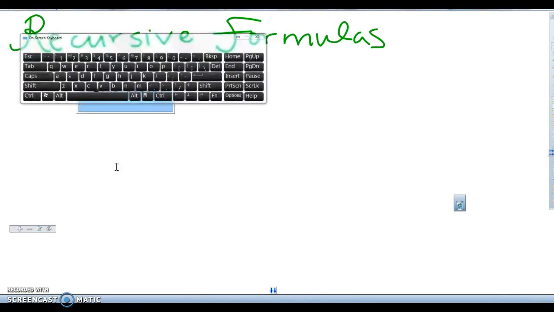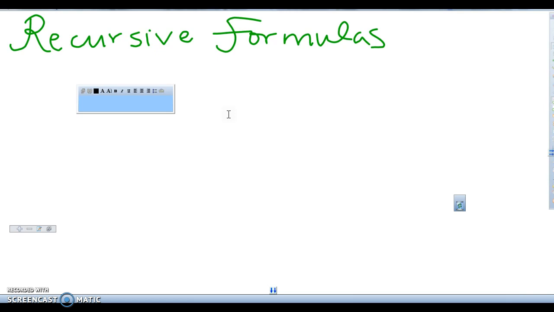Today we're talking about recursive formulas, and you've probably never heard this term before, but they do go right along with geometric sequences and arithmetic sequences.